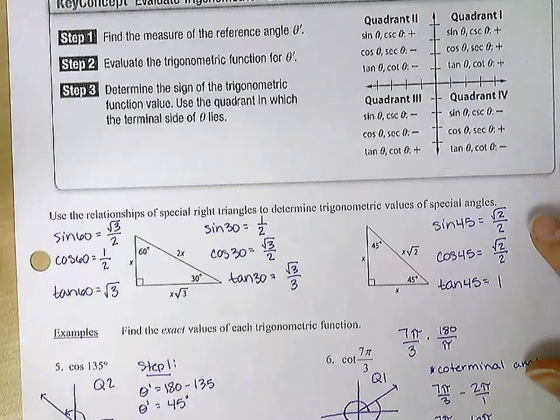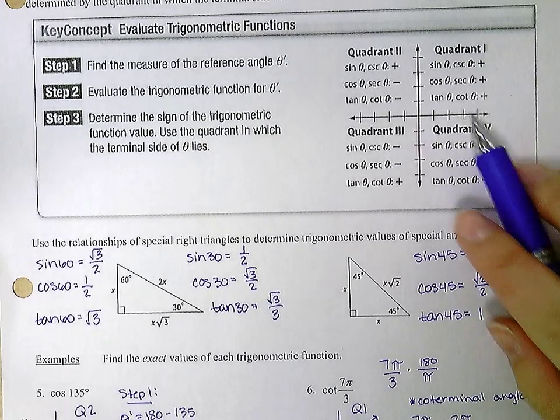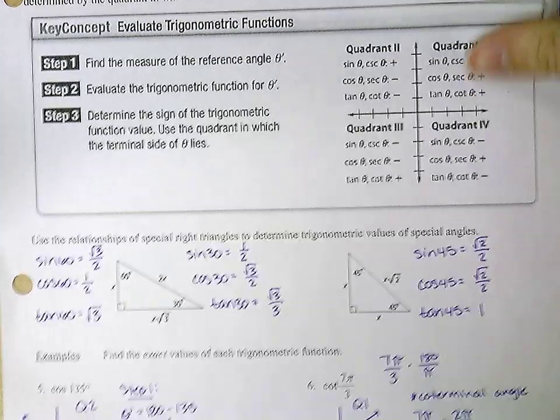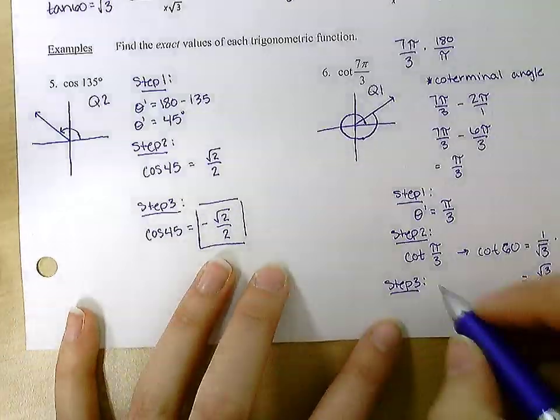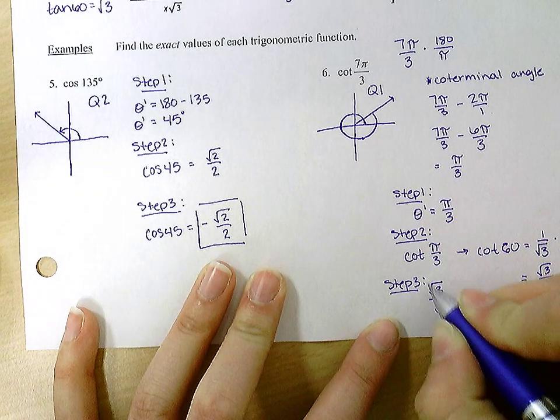So up here, look for quadrant 1, look for cotangent. What sign does that have? Positive. They're all positive. So cotangent in quadrant 1 is positive, and we do end up with the square root of 3 over 3.